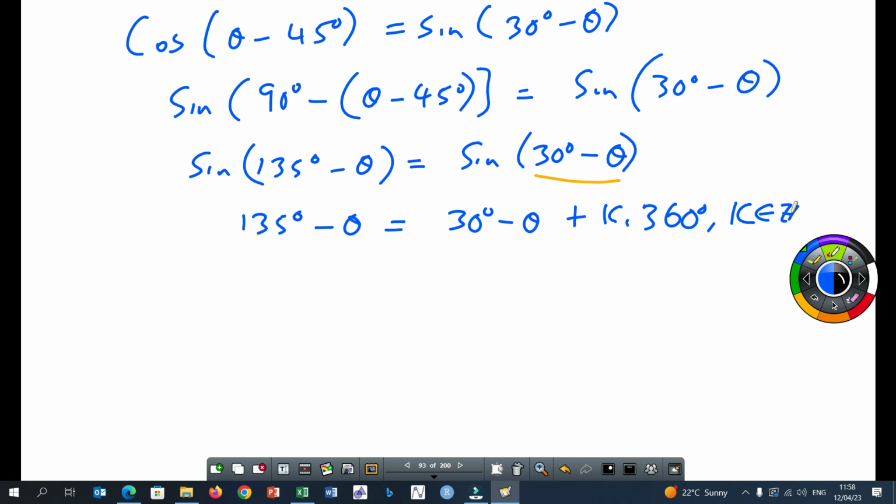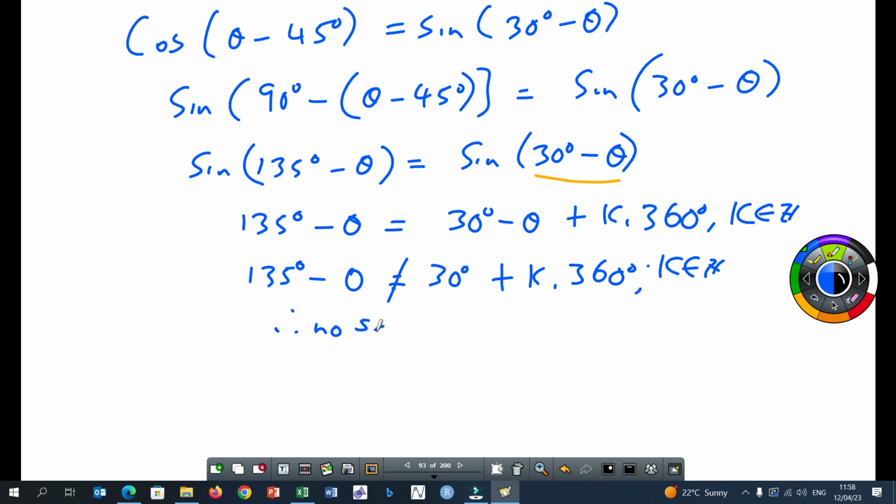Then if you take the minus theta to the left, you end up getting 135 degrees minus 0 is equal to 30 degrees plus k times 360. Okay, now this doesn't make sense, which means there is no solution. As long as the theta disappears in the equation, it means you have no solution. And you don't have to worry yourself there. If you did everything right, you will be on track.